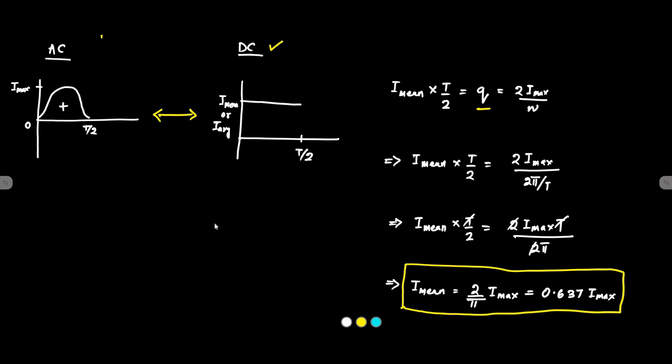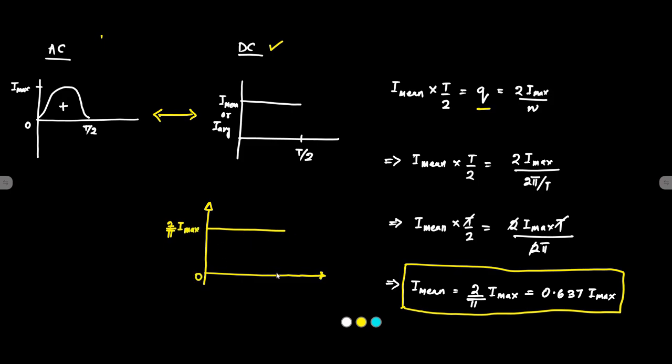So the equivalent DC current is equal to 2 by pi Imax.